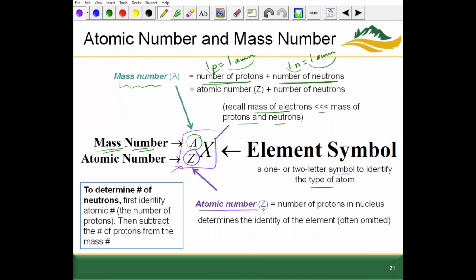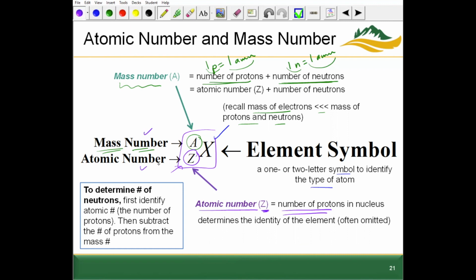What's happening down here then? This atomic number you'll see represented as this symbol Z. The atomic number is always the number of protons in the nucleus. Notice that so far electrons are not mentioned here in the mass number or the atomic number.